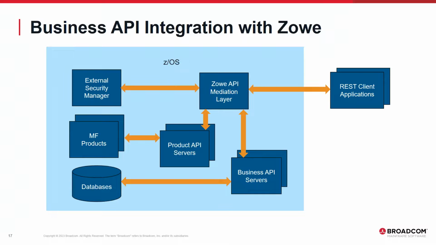Those run on z/OS, integrated with Zowe, and then can communicate directly with the mainframe. And then also you can deploy your business API servers in the same environment and receive the same benefits that our API servers receive. And then the client applications, they just access everything through the Zowe gateway.